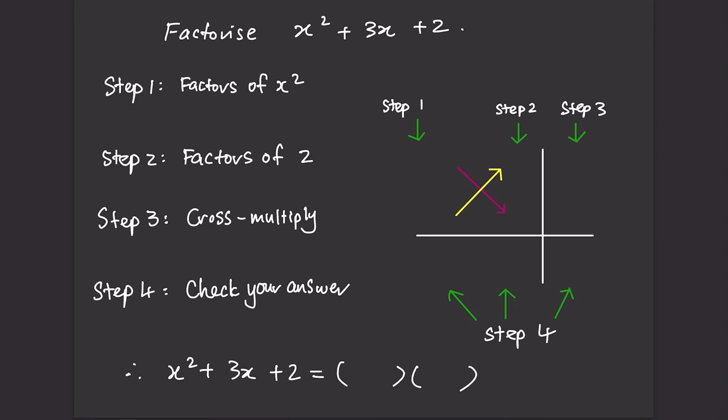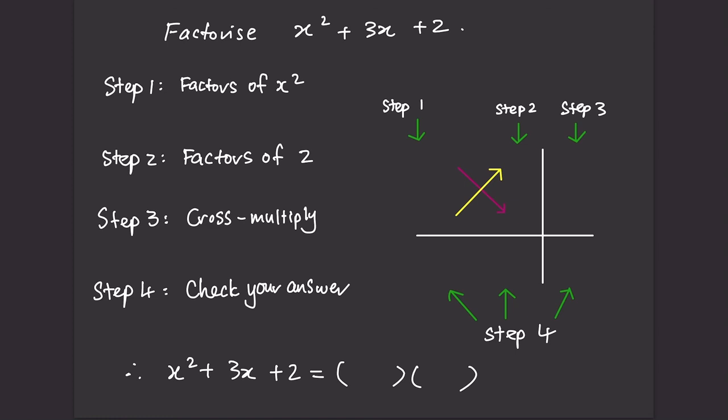So I'm going to stay on the same example: factorize x squared plus 3x plus 2. For the first 2 steps, we're just trying to identify the factors of x squared and 2. Let's start with step 1: identifying the factors of the x squared term. If it's like 3x squared, we would be looking for the factors of 3x squared.